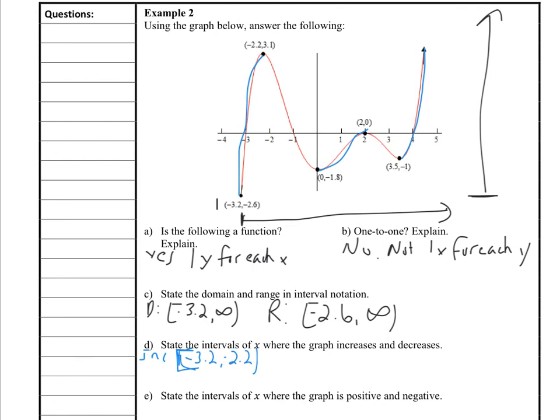So the next place where it is increasing is right in here, and again, I only care about the x value. So the first x value is 0, the next one is 2. And then the last spot it's increasing is going to be an x value from here over.